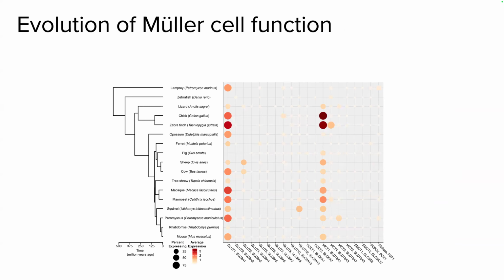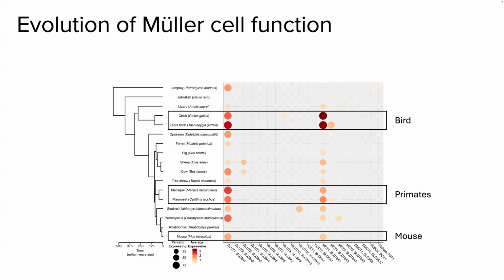And then finally, we looked into Müller glial cell function to see if the high expression of GLUT1 and MCT1 within the Müller glial cells is something that is present only in birds or more widely distributed amongst other vertebrate species. So we have the birds up here. They are very high in expression of MCT1 and GLUT1.